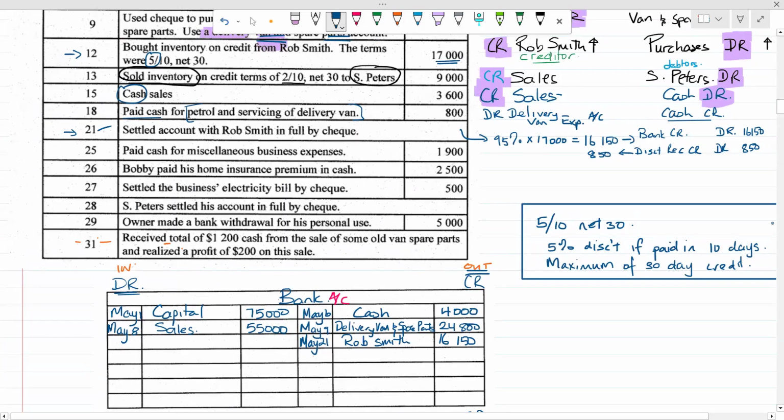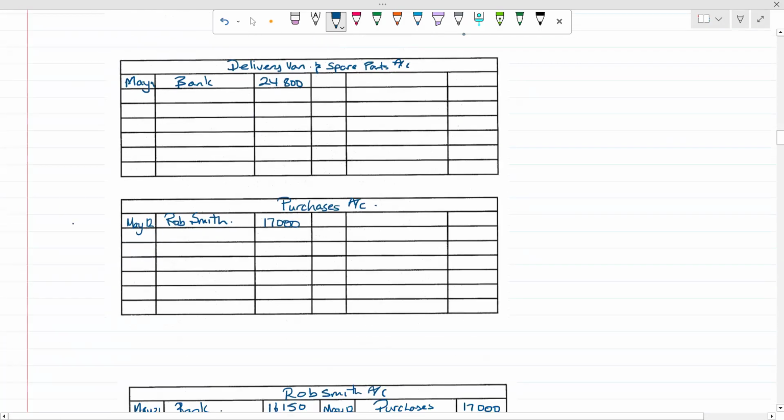Paid cash for miscellaneous business expenses. So this is going to be a debit to business expenses and a credit to cash. 1,900 on the 25th.